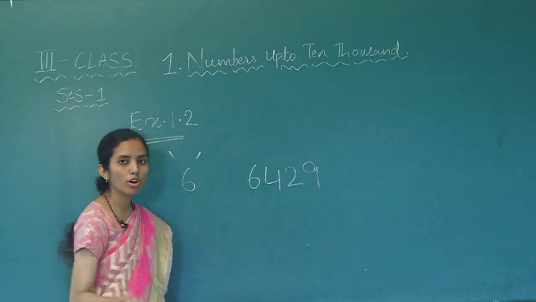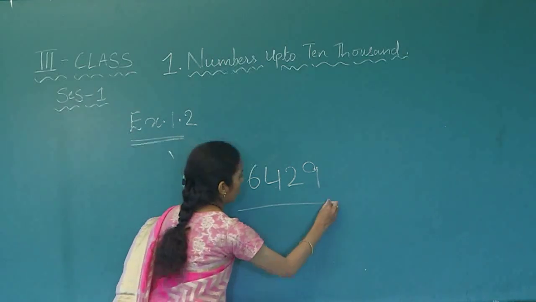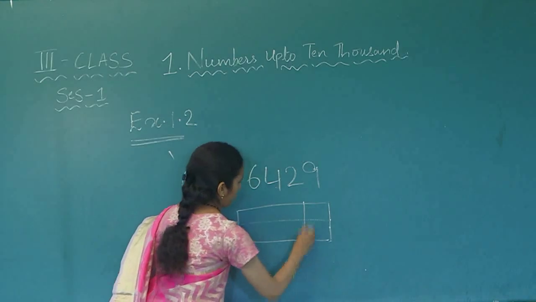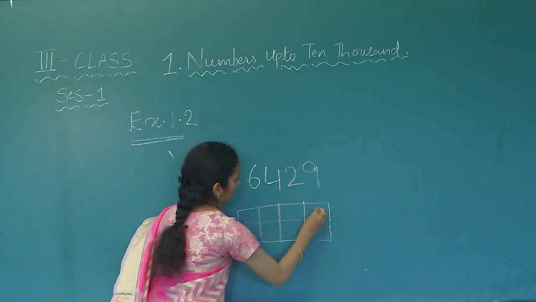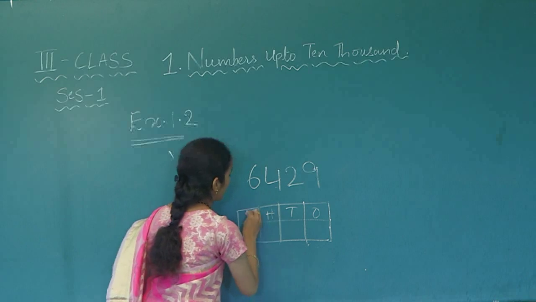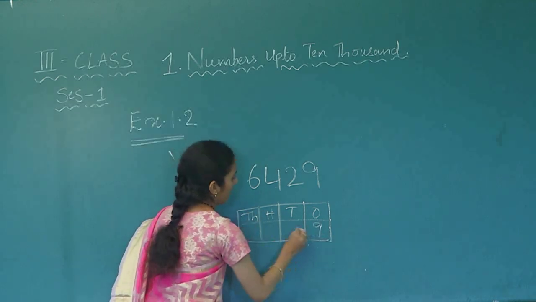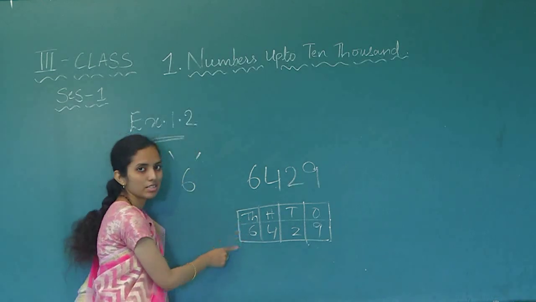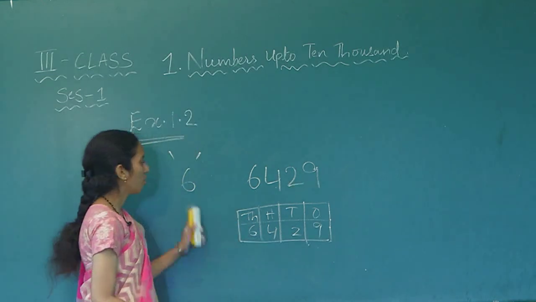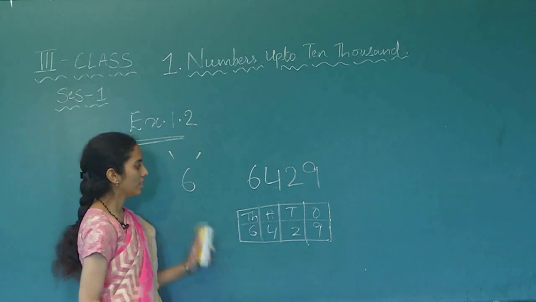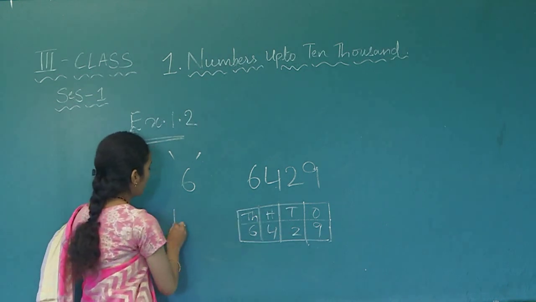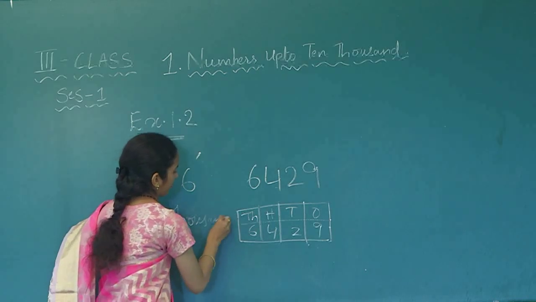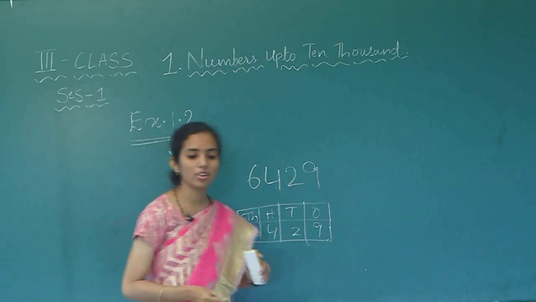But for more clarity, you just draw the place value box. Ones, tens, hundreds, thousands. 9, 2, 4, 6. So 6 is in which place? Thousands place. So what is the place value of 6 in this number? The place value is thousands.